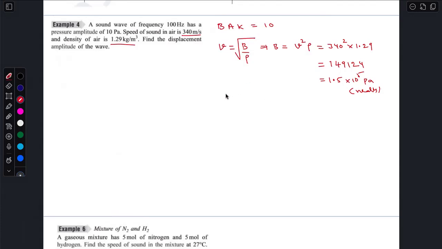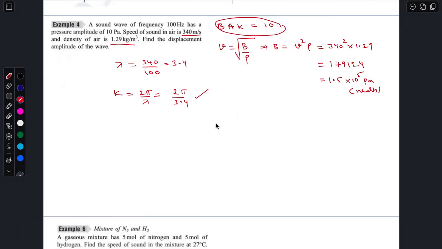And one more important point. You know frequency, you know velocity. Lambda is 340 by 100, that's 3.4. K is 2 pi by lambda, 2 pi by 3.4. So you have K now. You have B now. Substitute in this.